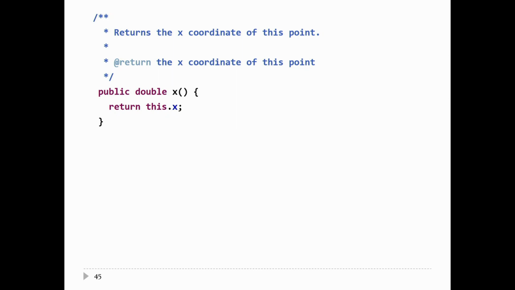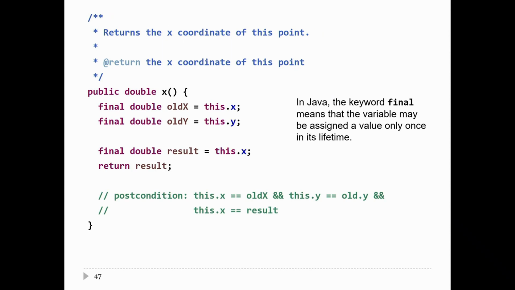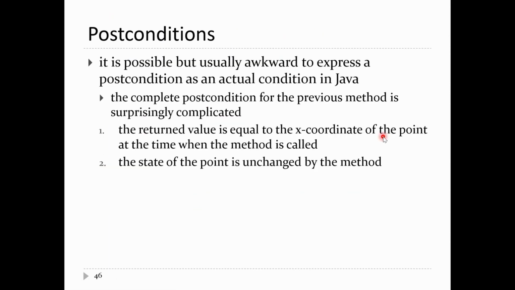It has to return the x coordinate of the point at the time when the method was called. These two are actually related: the state of the point is unchanged, and returning the x coordinate of the point at the time when the method was called. These two conditions are actually related.